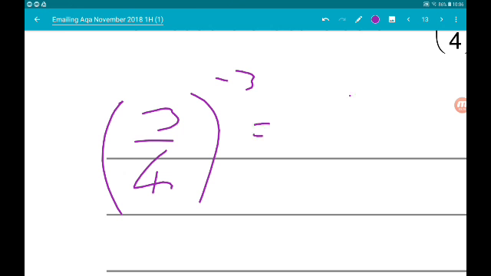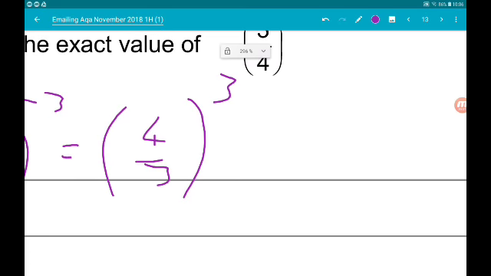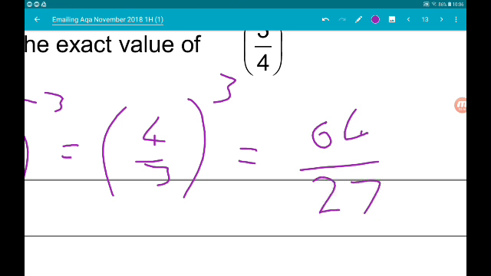So this is 4/3 cubed. And now we just cube the top and cube the bottom. So 4 cubed is 64. 3 cubed is 27. There's our answer.